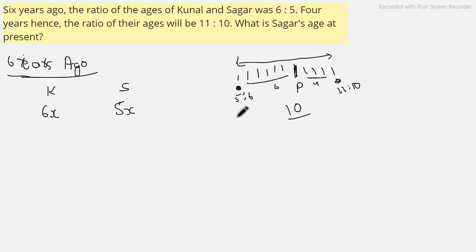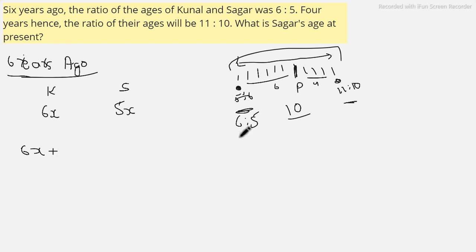So the ratio is given at this point, and the second ratio is given at this point. So the age gap between these 2 points is 10 years. So we'll write here 6x plus, okay, sorry, this is 6 is to 5, not 5 is to 6.